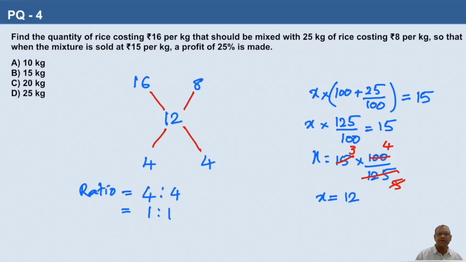Both of them have to be mixed in equal quantities. So we are mixing 25 kg of cheaper rice, so we have to mix 25 kg of costlier rice also. So the correct answer is 25 kg. So one part is 25 kg.